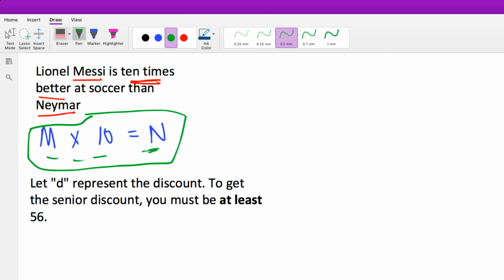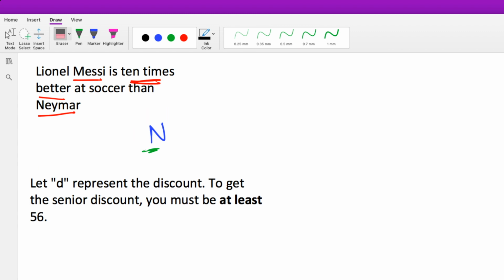That doesn't make any sense because we're saying that Messi is better than Neymar. So how would we have to write this? In order for this to be written algebraically, we would have to say Neymar times 10 is equal to 1 Messi, because we're saying that Messi is 10 times better at soccer than Neymar.